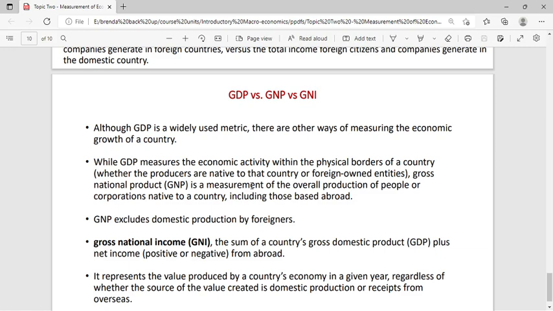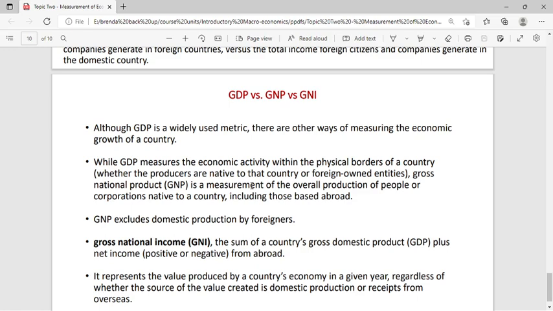Here we exclude what is produced by foreigners. So, for example, if we have Chinese companies or factories within the country, when we are calculating economic growth using the gross national product approach, we don't include what is produced by such companies. However, we add what our nationals that are abroad produce or earn.